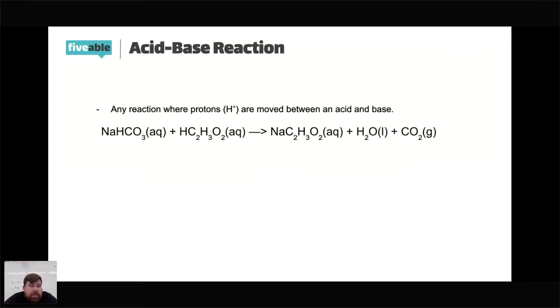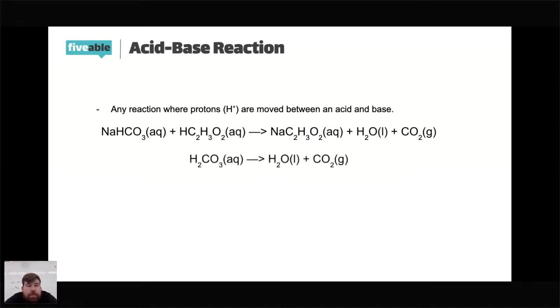If I take baking soda, it will donate the proton that is in the bicarbonate, and if I take vinegar, it will take the hydrogen ion that is in acetic acid and give it to the bicarbonate anion. What this does is it turns it into water and carbon dioxide.